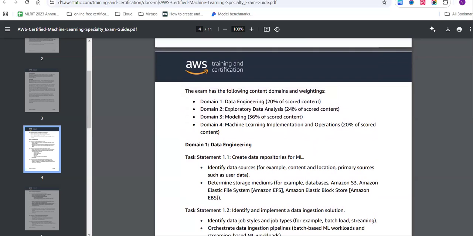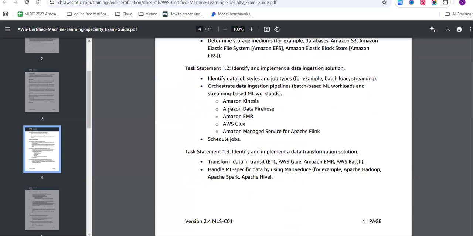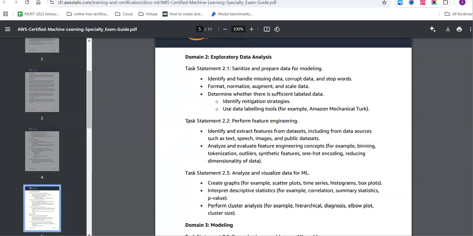Coming to domain 2, its score is 24% and this domain is exploratory data analysis. Before passing our data to any ML model, we need to perform this data analysis because sometimes we might require to convert the data. First, we need to understand which type of data it is. So that is one of the tasks. And after identifying the data, we need to prepare the data for modeling, for passing to that model.